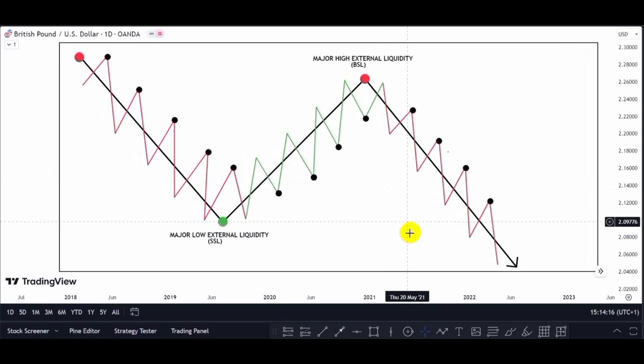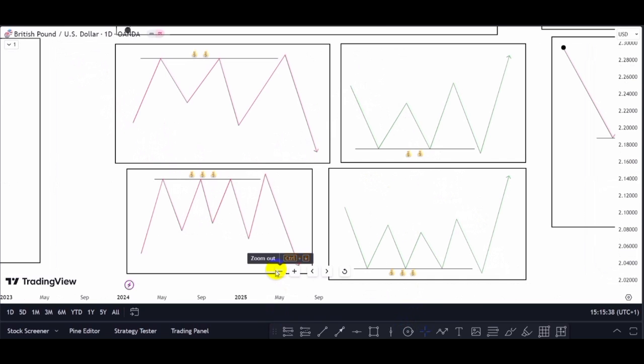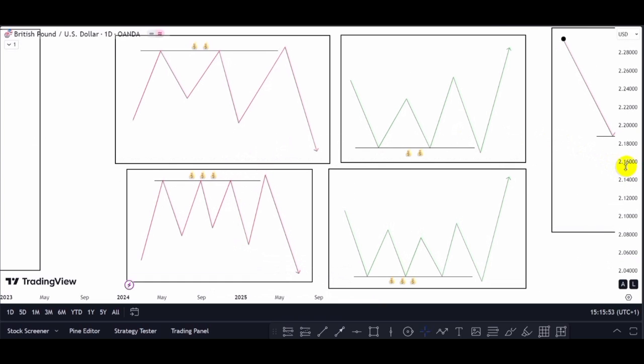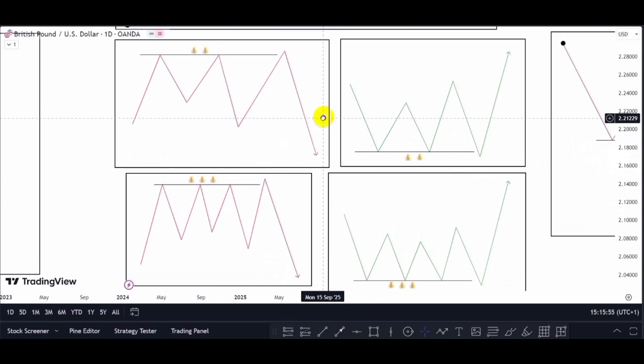Earlier, I said that our types of liquidity further form what we call chart patterns. And these chart patterns act as liquidity which the institutions seek to raid before creating significant moves in the markets. So you would know that in the price action trading methodology, we have what we call chart patterns: the double top, the triple top, the double bottom, the triple bottom.